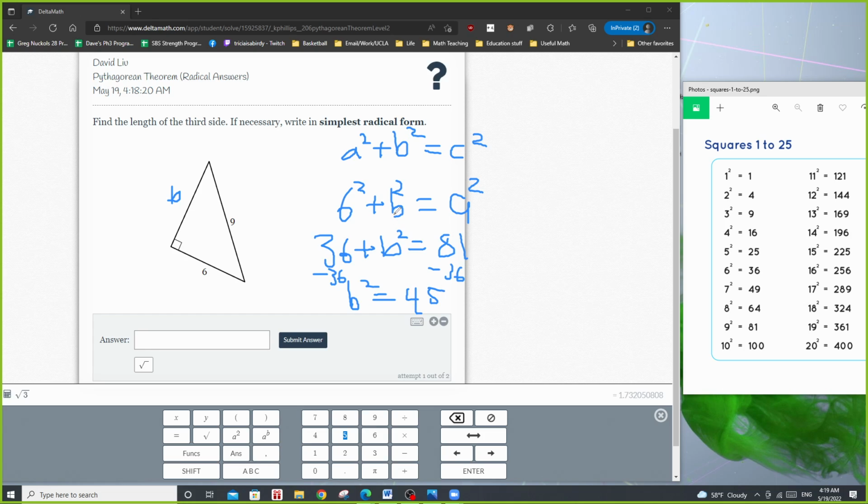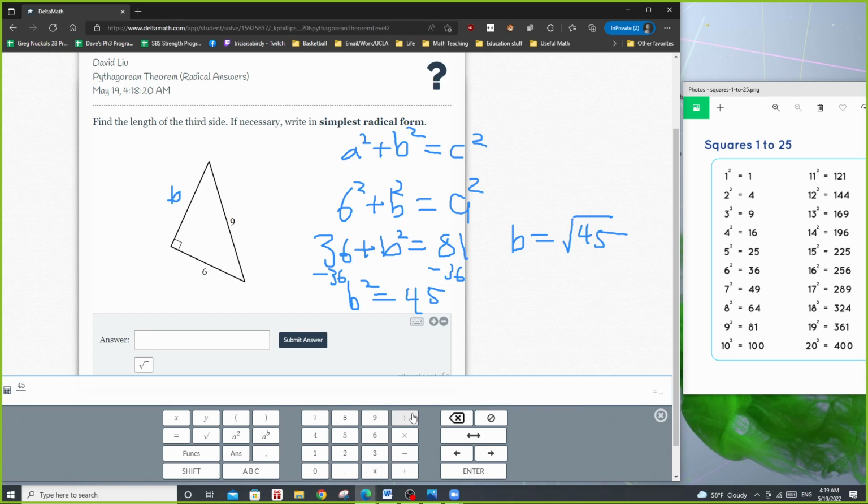45, okay? So before we plug this in the calculator, this time if we read the problem, it says simplest radical form, okay? So to simplify it, first b is equal to square root 45. To simplify it, we have to divide by one of these numbers, like we did in one of the very first ones, which is simplifying radicals. We can divide by random numbers until we find something we can divide by.